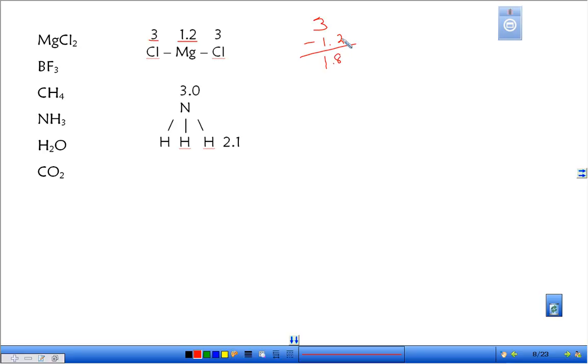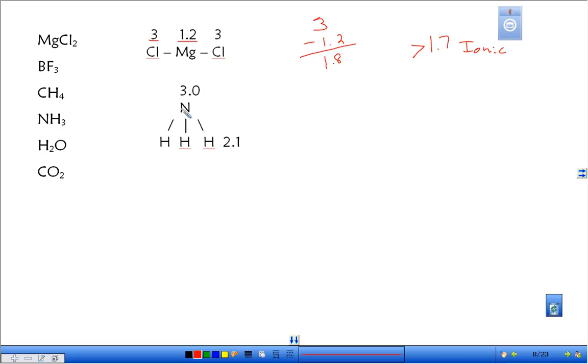What they're saying is that anything greater than 1.7 is going to create an ionic bond. In other words, chlorine is going to take those electrons, hang on to them, and leave the magnesium with a +2 charge, chlorine with a -1. So anything greater than 1.7 is going to give us what we call ionic. Now, if we have something less than 1.7, we're going to have a polar bond.